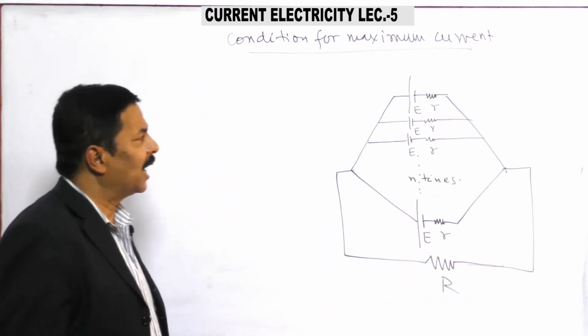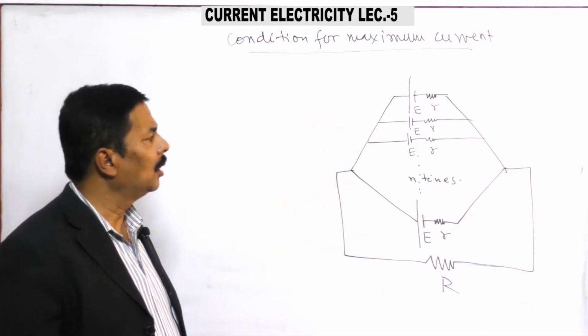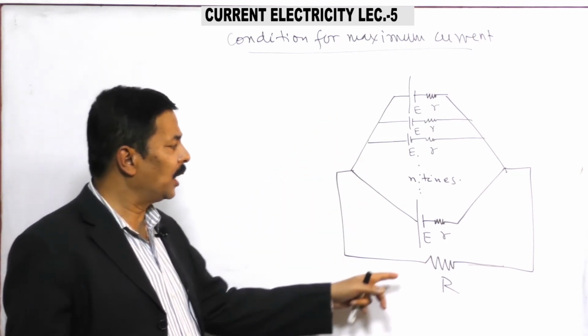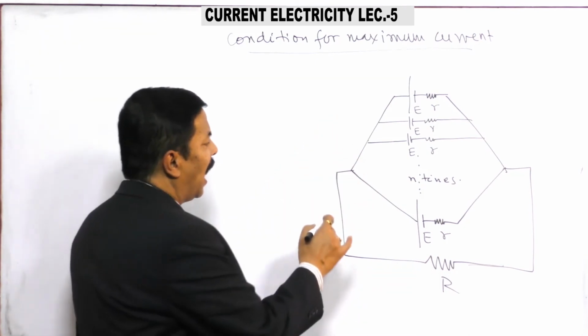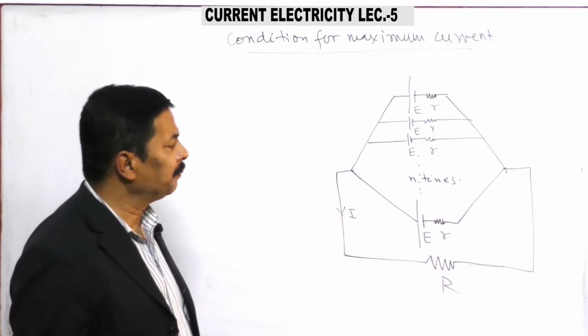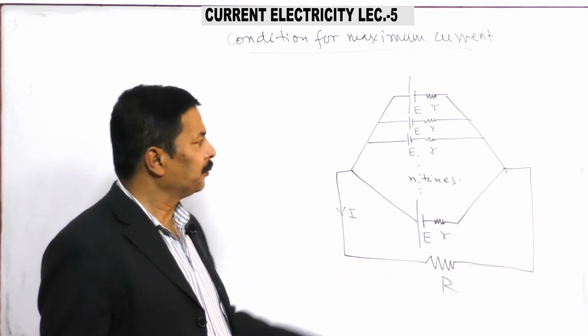Here you should understand that n identical cells are connected in parallel through the external resistance R, and I want the condition under which the current will be maximum through the resistor.